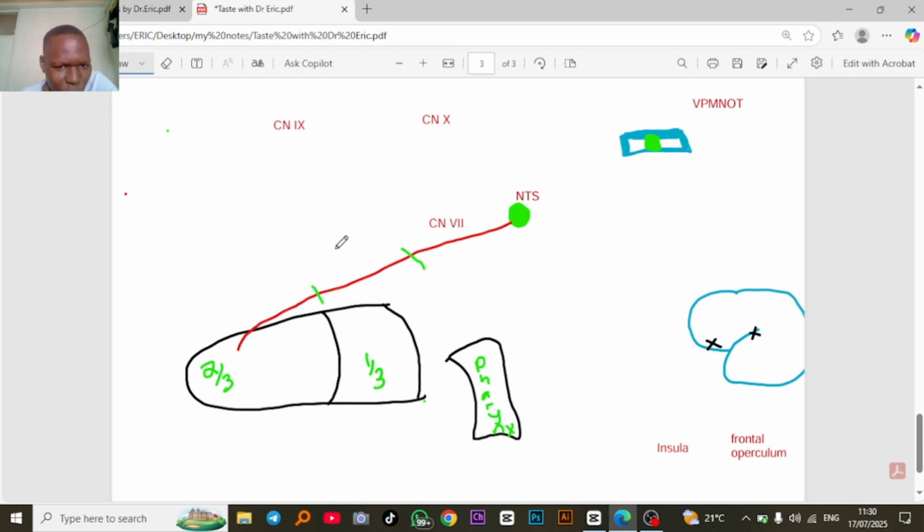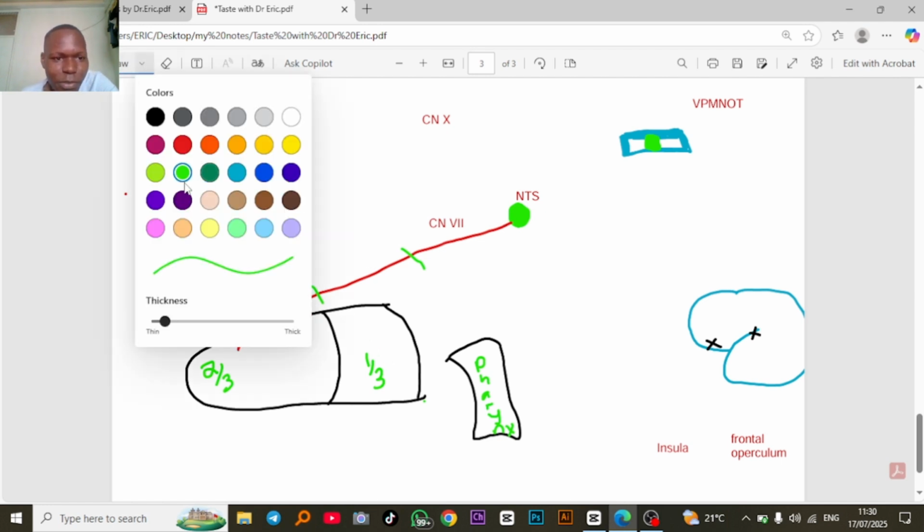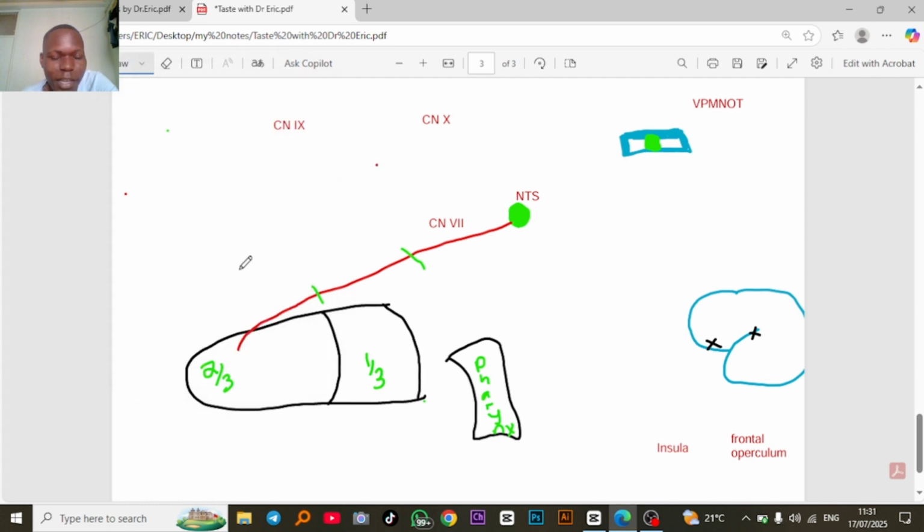Then we have another nerve, which is cranial nerve 9, known as the glossopharyngeal. This one will carry the sensory signals from the posterior third of the tongue to the nucleus tractus solitarius in the medulla. So that's cranial nerve 9. Bring it here.